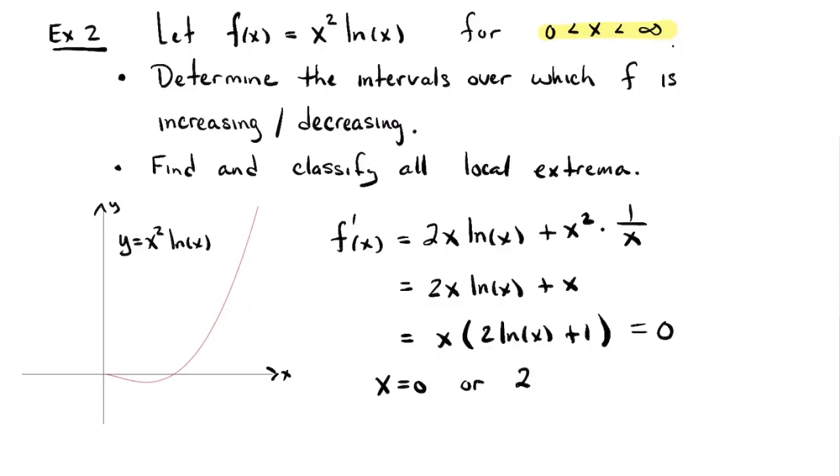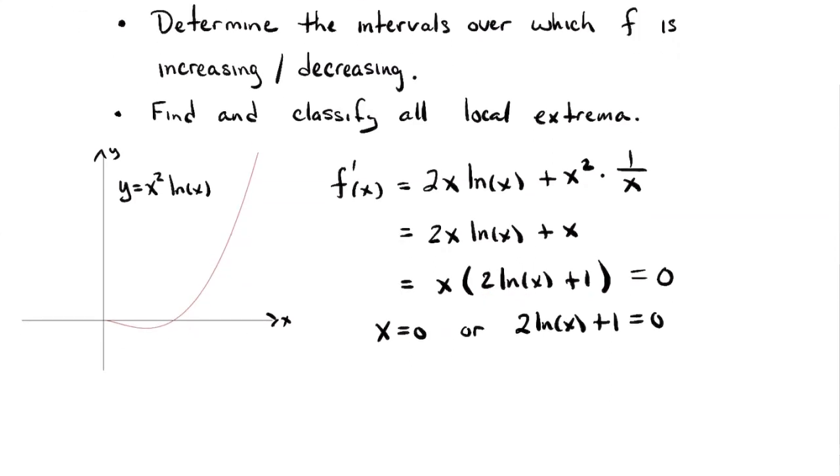So it could be the case that 2 times the log of x plus 1 is 0. And we have to do just a little bit of algebra there. That's equivalent to the log of x being minus 1/2. And if we exponentiate both sides, that's equivalent to x being e to the minus 1/2, or if you prefer, 1 over the square root of e. You can get a decimal approximation for that if you want to, but I'm going to leave it as 1 over the square root of e. It's some number between 0 and 1.